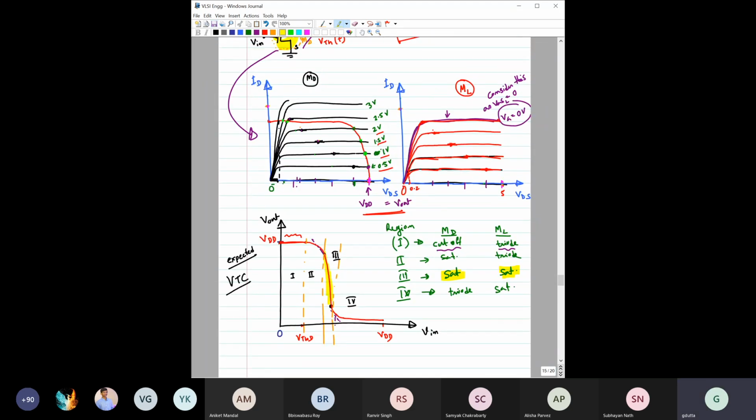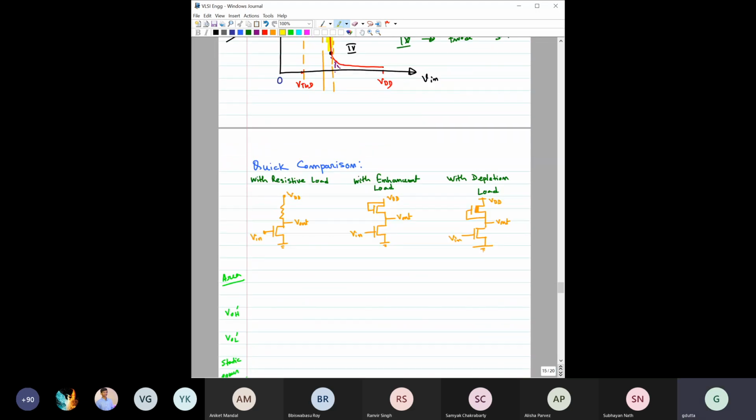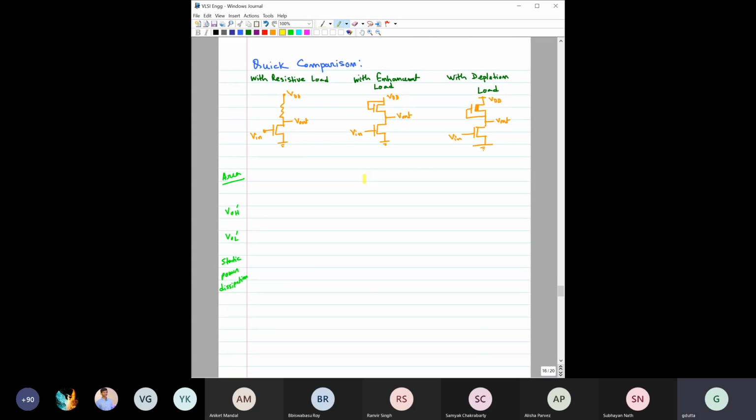Is there any doubt regarding this NMOS inverter with a depletion load? If there is no doubt, then we can jump into this section, which is a recap of all the types of inverters that we have learned. The first one is the resistive load.